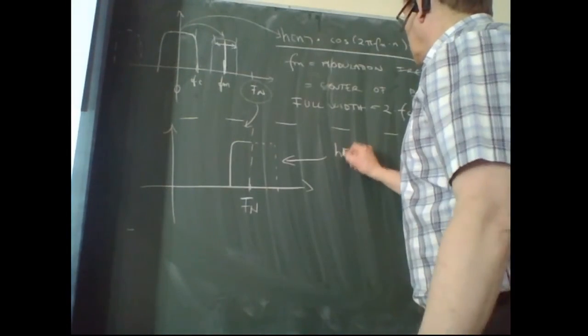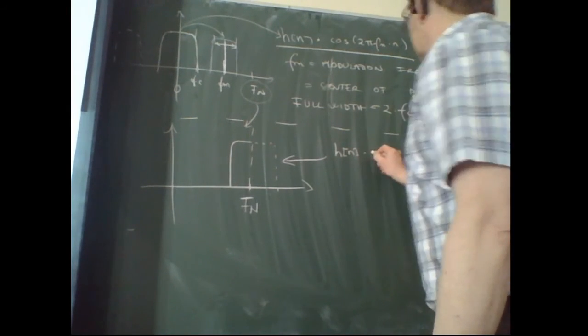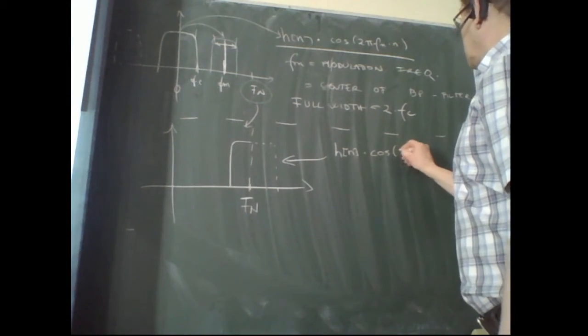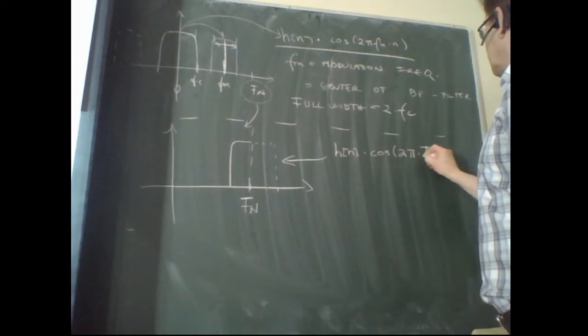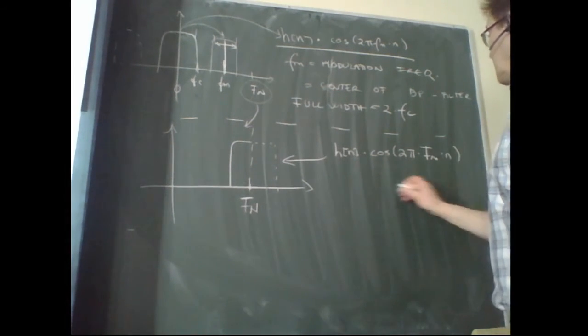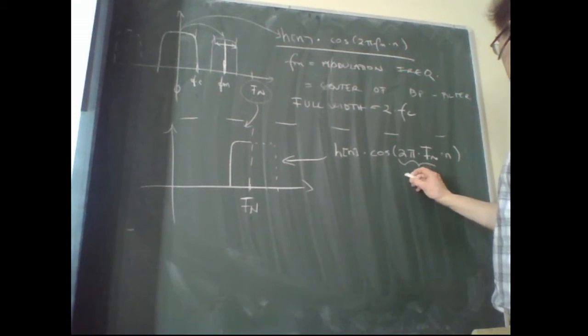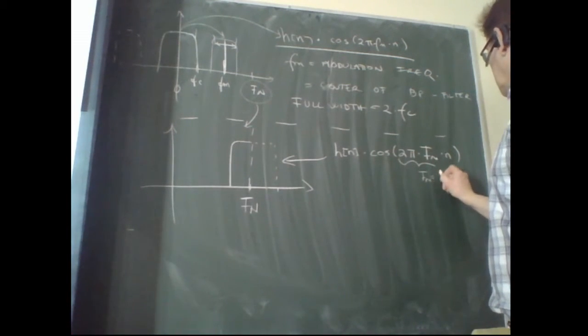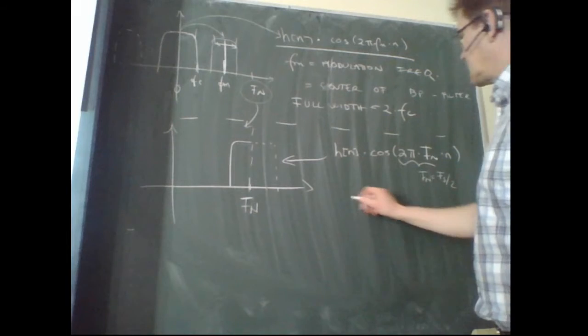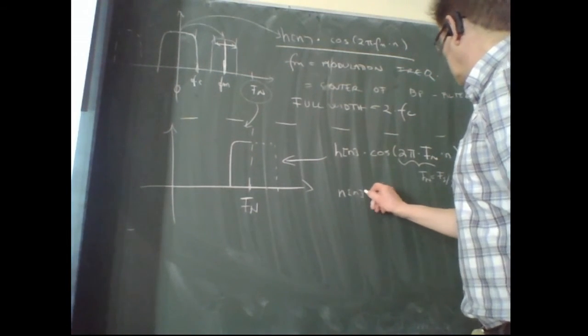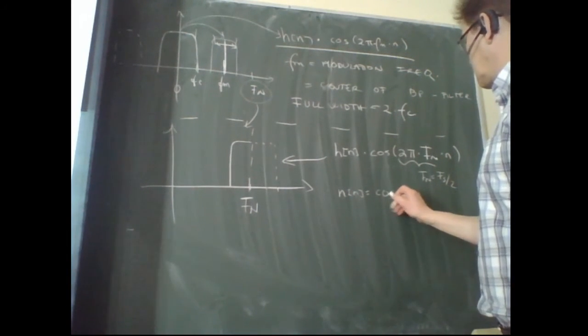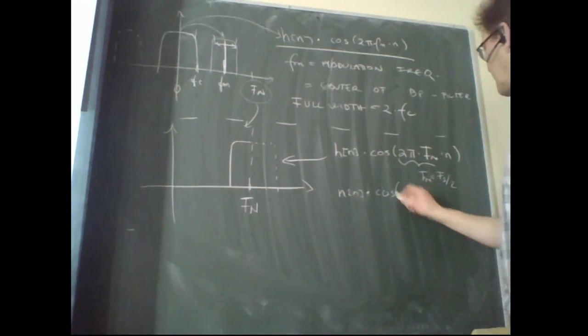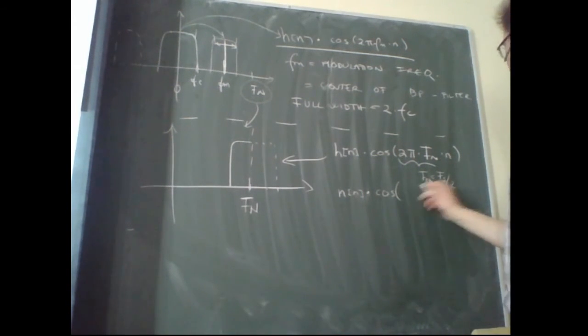So basically this can be done by simply modifying the system with 2 pi times Nyquist frequency times n, which is, well, Fn was Fs over 2, so h of n times cosine of n times pi.